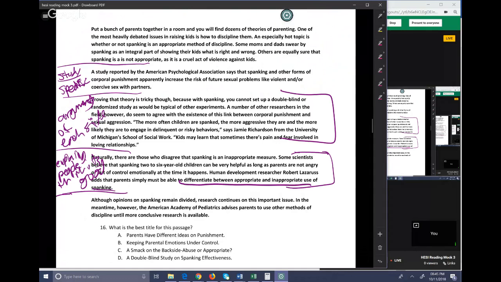The last paragraph, I said more research is needed, but the safe approach is to not spank for now because we don't know if it's okay or not.